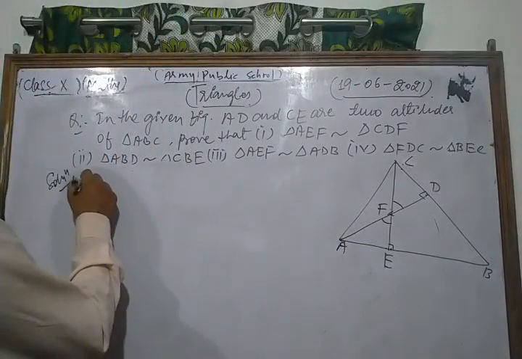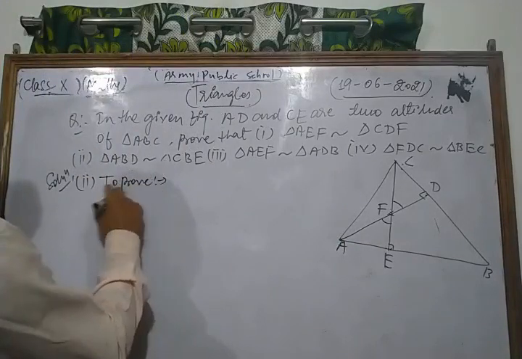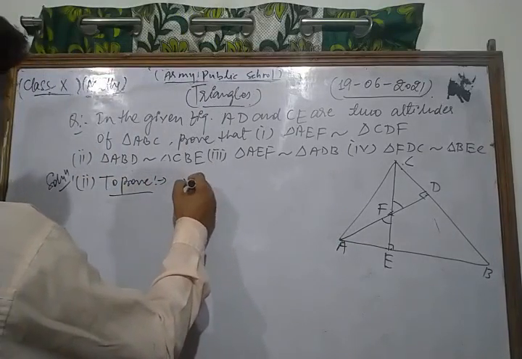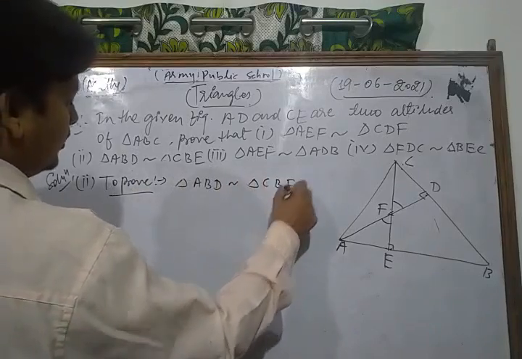Now we take the second part, to prove triangle ABD is similar to triangle CBE.